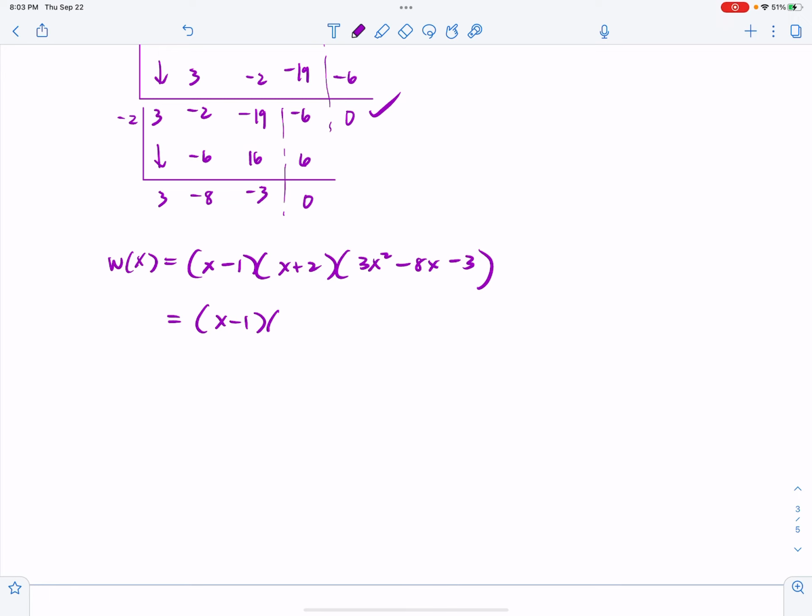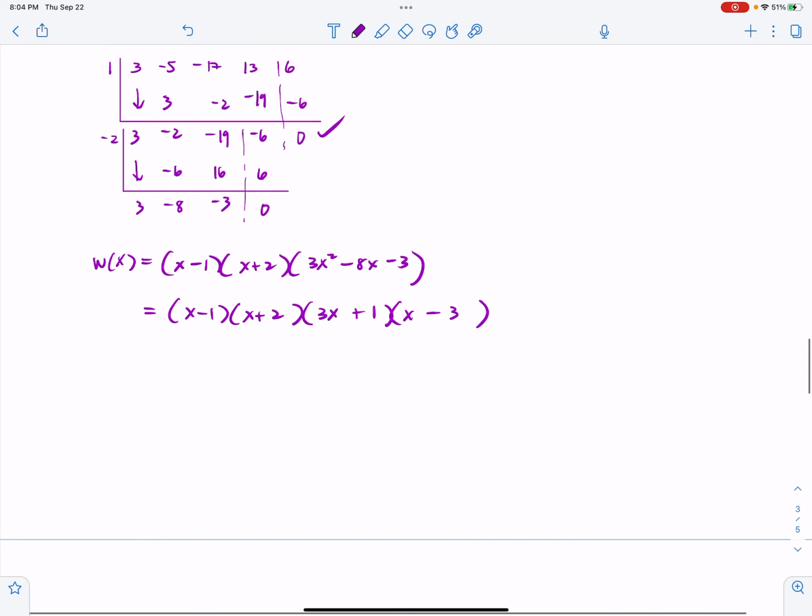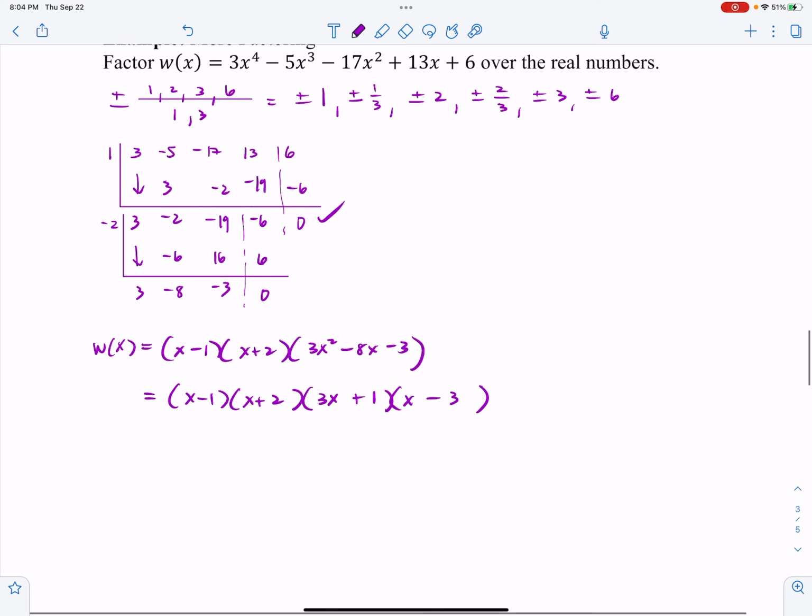And we can see if that factors, which I believe it does. So 3x, x. So that would have to be minus 3, plus 1, like so. Yep, that works.